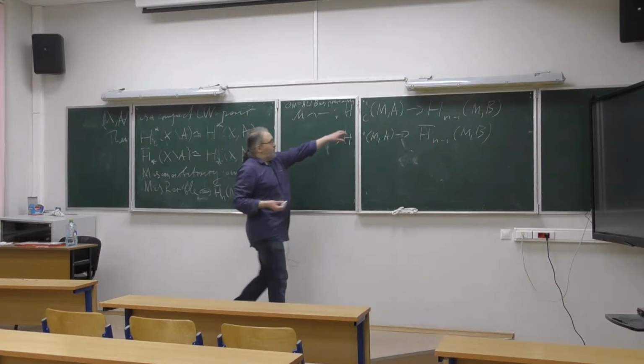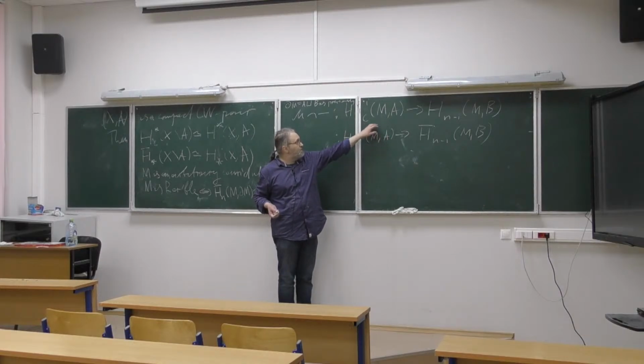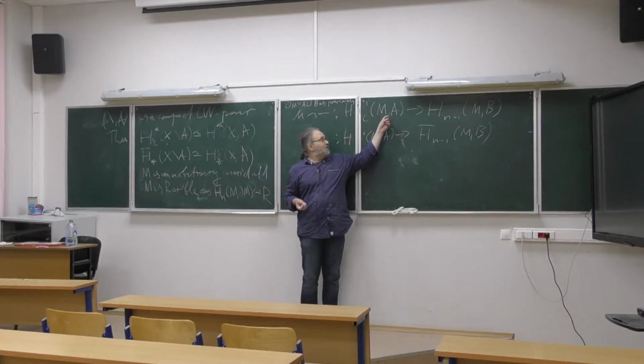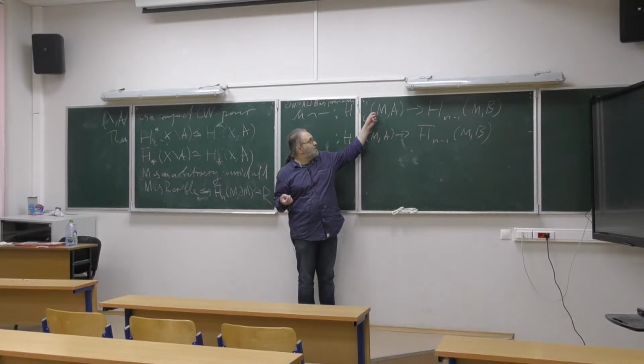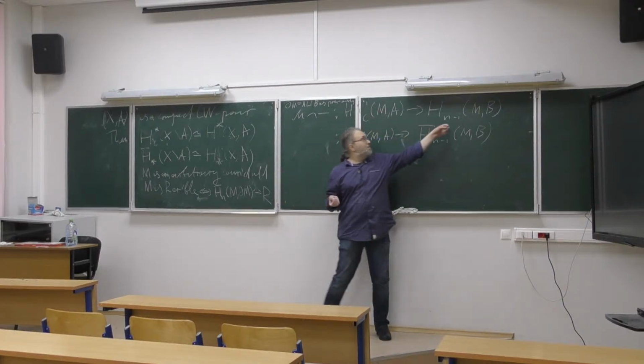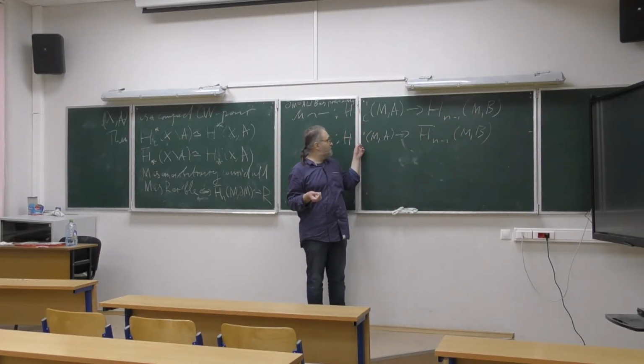So for those manifolds, we still have the Poincaré duality, which this time becomes, unfortunately, two Poincaré dualities. There's one which relates compactly supported cohomology and the usual homology, and the other one does it the other way around.